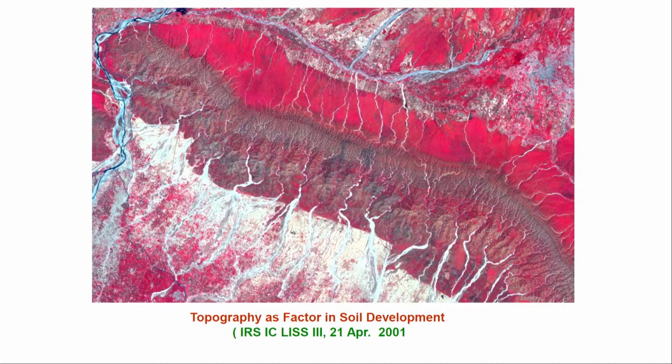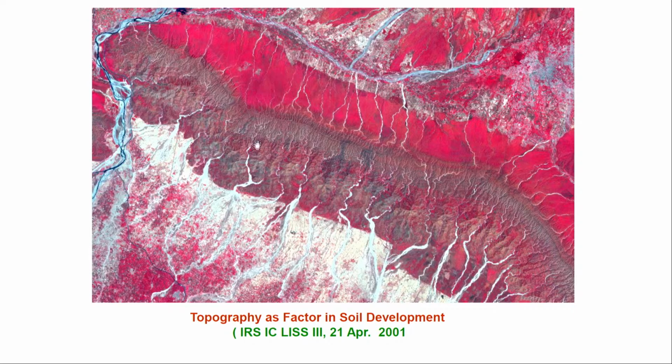That map you can utilize to get the geomorphology of your area. Second is the topography. I want to know what the slope is in my area. In the satellite data also I can see the slope, because drainage density will tell the slope information.